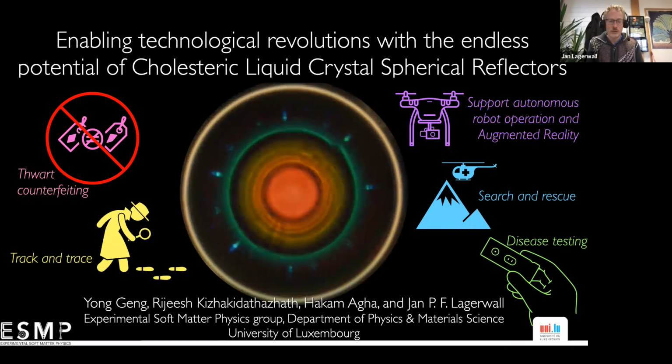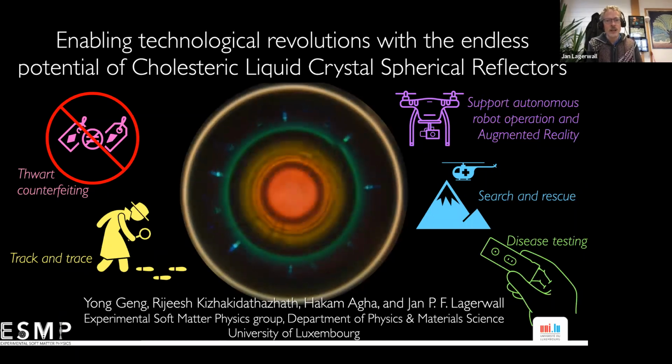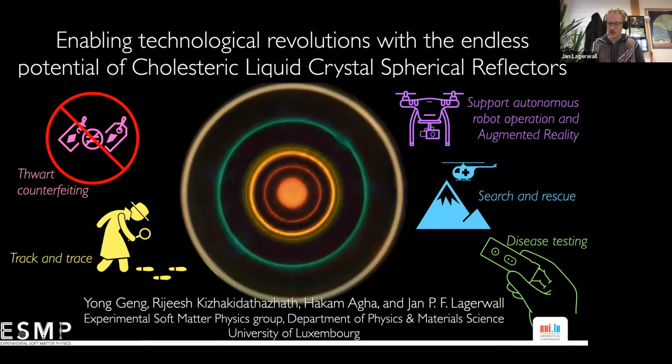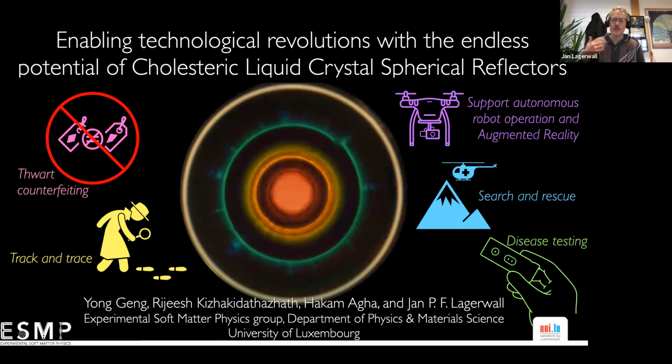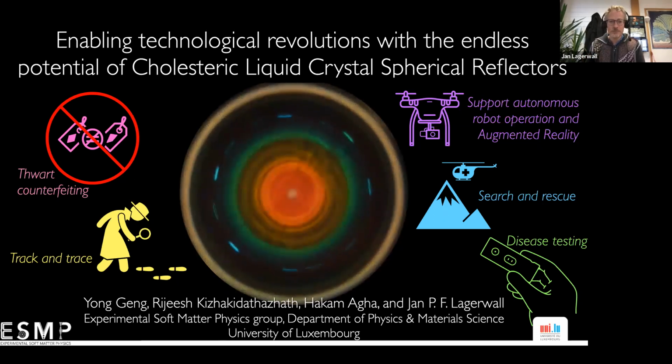They are such diverse opportunities, but actually it is. And it all arises from these optical properties. And that's what I'm trying to convince you of, that these optical properties are so peculiar that they really give a lot of opportunities that can then be applied in very diverse areas.